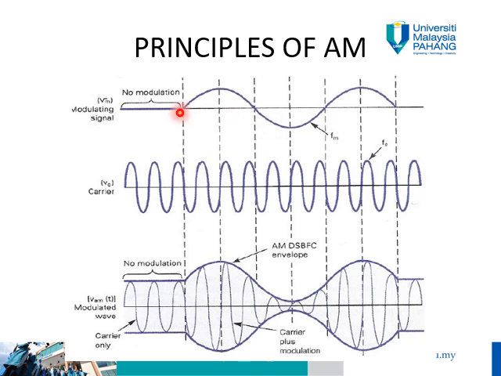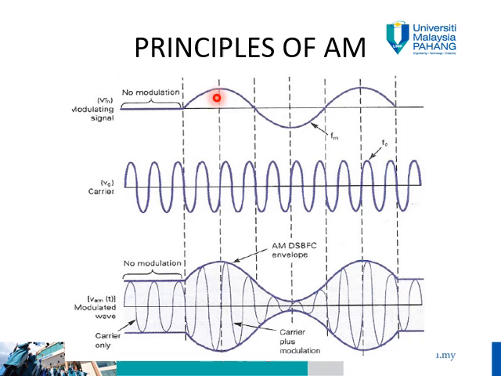So this signal, the modulating signal, is the low frequency signal. M stands for modulating. We have VM, the amplitude of the signal, and the frequency is FM.